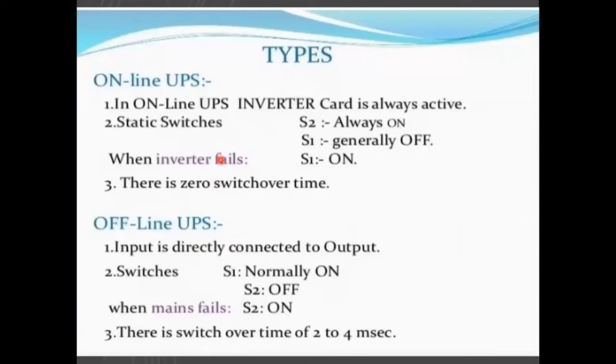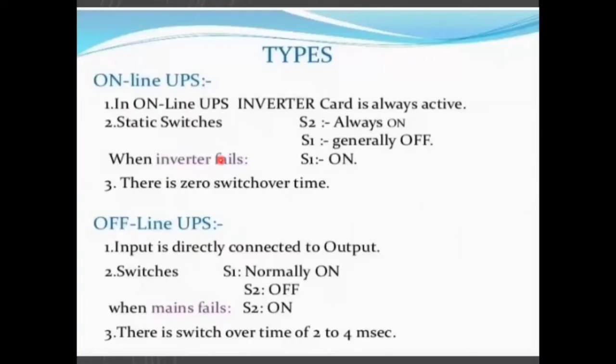Okay. Next part is offline UPS. In offline UPS, the input is directly connected to the output. Here switch S1 is normally on, while S2 is off. Static switch 1 is normally on, but static switch 2 is off, because when the mains power fails, then S2 is on.